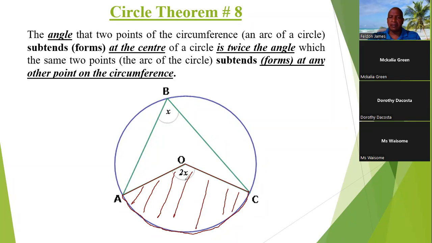If somebody takes out a big slice like that, that's a sector. But when you take out that slice, a bigger portion that still remains is also a sector. But the smaller slice is known as the minor sector, and the larger slice is known as the major sector.